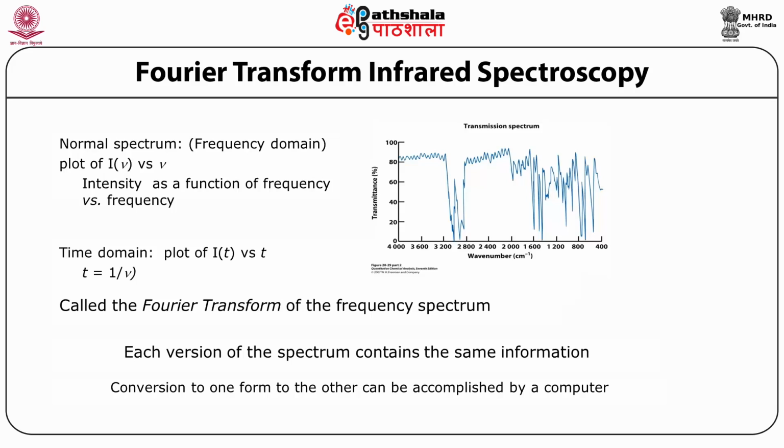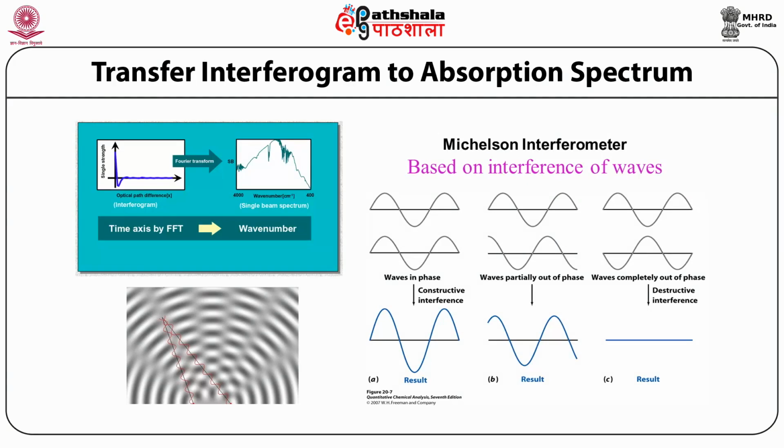Each version of a spectrum contains the same information, and conversion of one spectrum from the other can be accomplished by the computer. This is showing a typical transmission spectrum, or the Fourier transmission spectrum, which contains the time domain as well. We discuss transfer of interferogram to absorption spectrum.